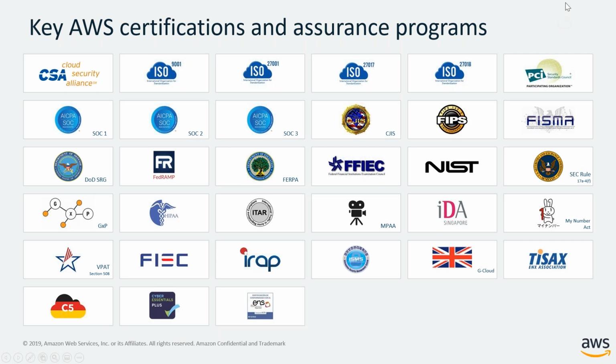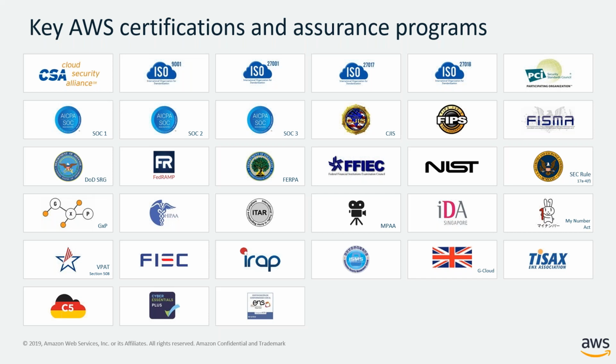Finally, as I mentioned, on the AWS platform, we help customers to be secure, but we also help customers to be compliant. AWS works with many different security and assurance programs, some of which are listed here. As you can see, just as an example, we work with things like ISO 27017 and 27018 for cloud privacy and cloud security, things like SOC 1, SOC 2, SOC 3.